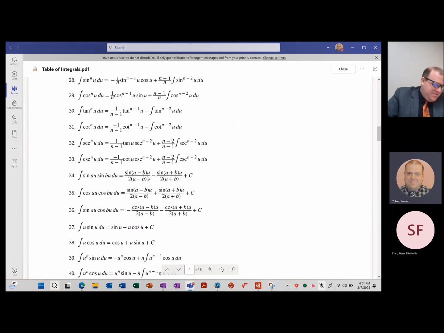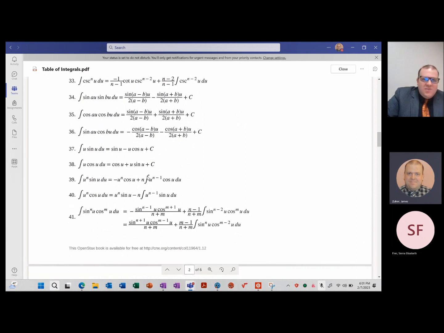You could probably just use u sub. Three has cosine. I actually can use u sub here, u is sine of 2x, but I'm not going to. Yeah, you can use u sub here, but I'm not going to. I'm going to use the table.